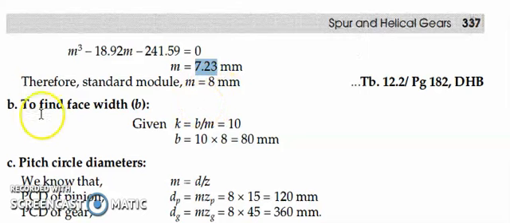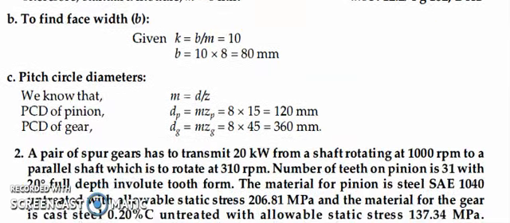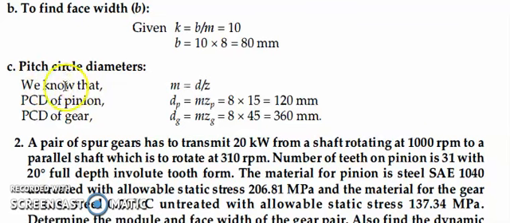Then next we have to find the face width. We know that face width b is equal to 10 into m, where m is the module. Using that equation you can find the value of face width. Then the pitch circle diameter: we know that m is equal to d divided by z.